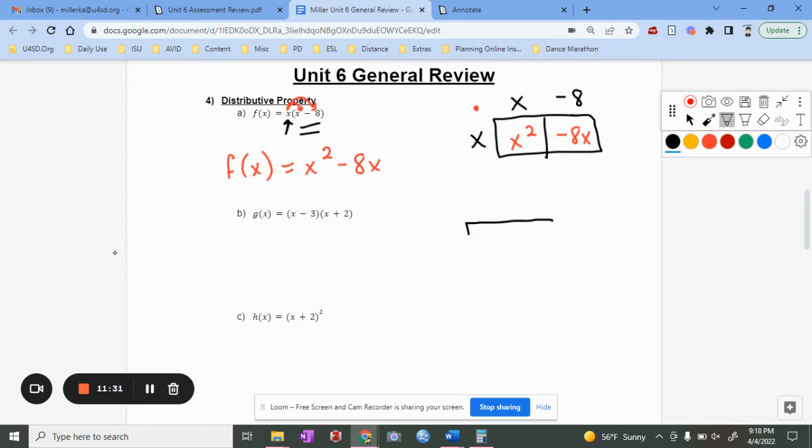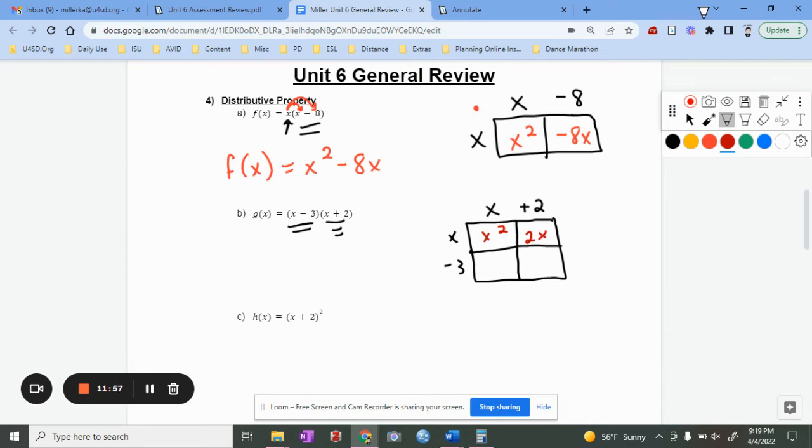We can do the same thing on this one. Here, we do have a binomial times a binomial. So I'm going to do my x minus 3 and my x plus 2. You can bring the sign with if you want. I like to do that. x times x is x squared. x times 2 is 2x.